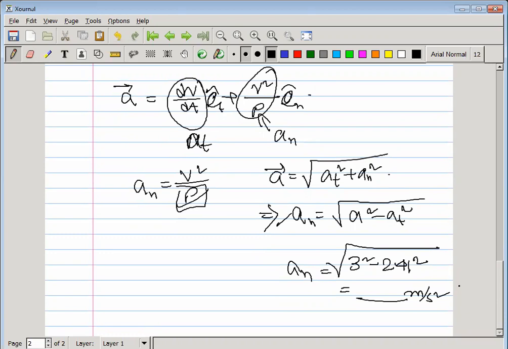How much is it? 1.78 meter per second square. So this value we have to put here.